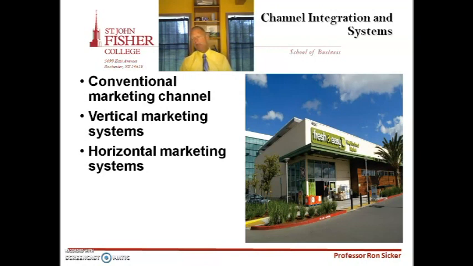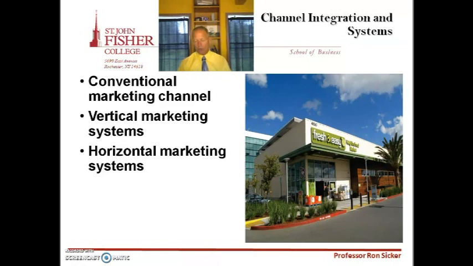Conventional marketing channels, we talked about most of this lecture. Vertical marketing systems are those systems where not only do they own the product, but they own the value chain coming through. For instance, Wegmans. Wegmans has their own products, which they get from a manufacturer. So Wegmans macaroni and cheese.